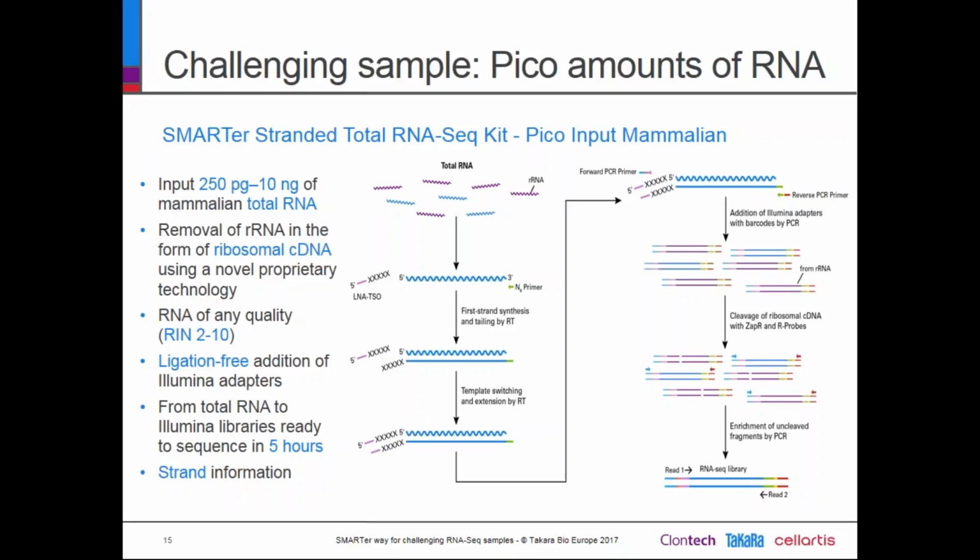And maybe something that I didn't mention when I talked before about the SMARTer Stranded kit is, of course, as the name indicates, this technology allows you to keep strand information, and this can be important for people who are studying maybe antisense RNA or non-coding RNAs, or this kind of information.